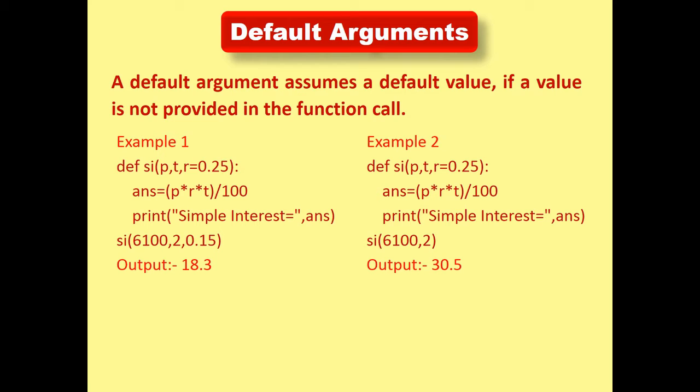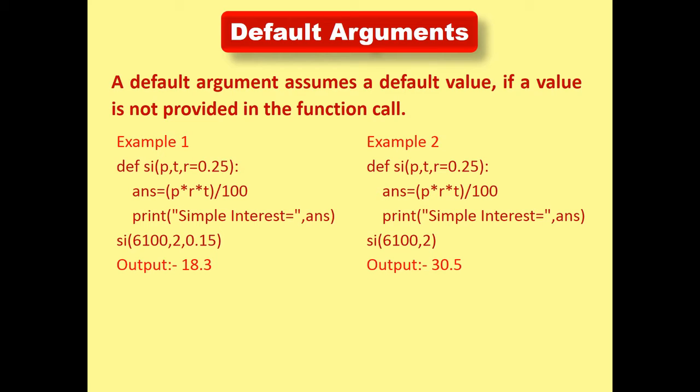But in the first example, when we talk about the function call that is SI 6100, 2, 0.15, when the function call is made, the default value which is already assigned to variable R is supposed to be overridden with the value which is being passed with the function call.